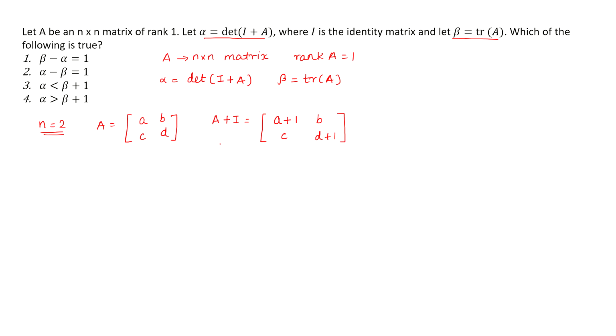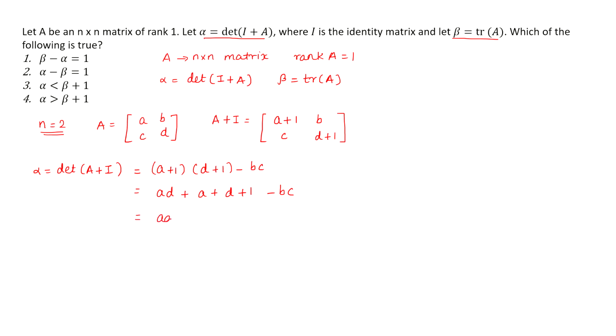And therefore alpha, which is equal to determinant of A plus I, is equal to (a plus 1)(d plus 1) minus bc, which is equal to ad plus a plus d plus 1 minus bc.